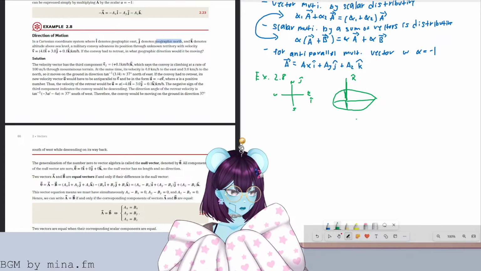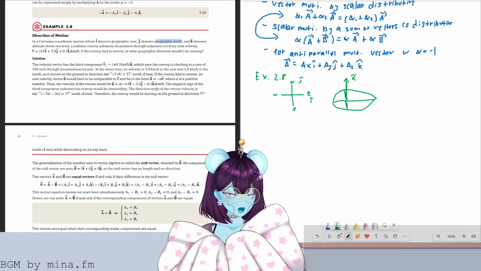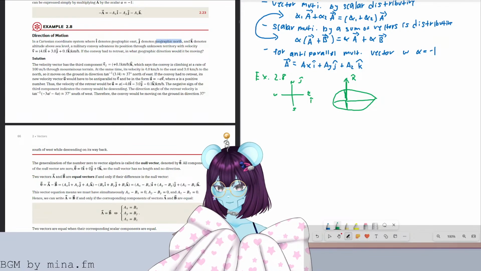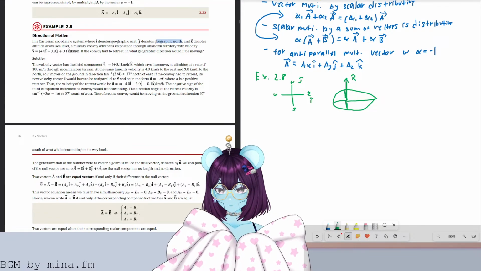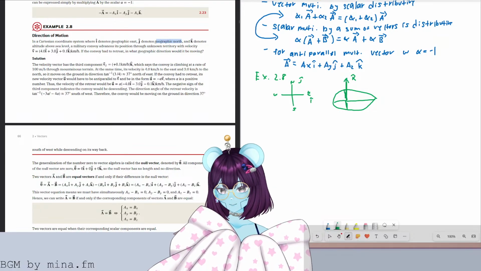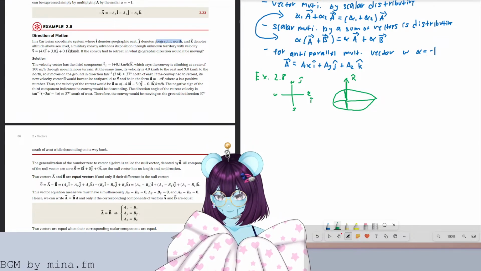I can't really draw or use a tablet, so please ignore that. But here we have the K-hat, above sea level. A military convoy advances its position through unknown territory with a given velocity. If the convoy had to retreat, with what geographic direction would it be moving?